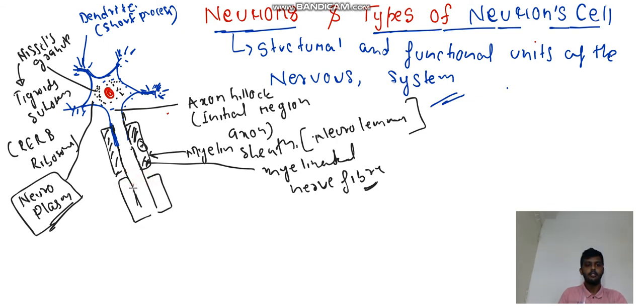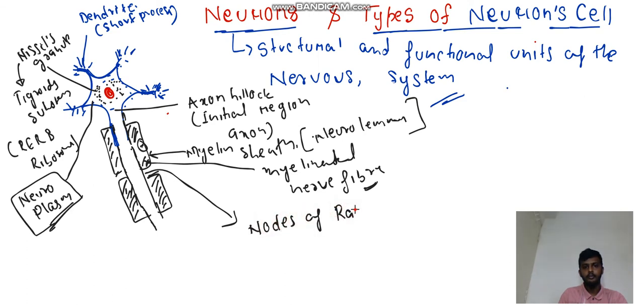Next, here it is the same myelin sheath. Then in this portion you can see there is an absence of myelin sheath. This is known as the nodes of Ranvier.